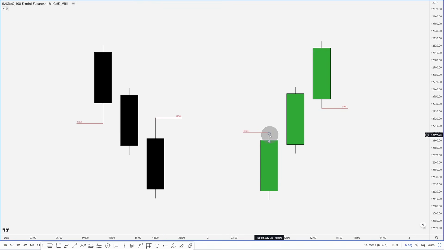Similarly over here, if we were to extend this high up and this low down, you can see that there is overlap between the first candle's high and the third candle's low, meaning there is no fair value gap here. So just to clarify, a gap between the first candle's low and the third candle's high, or the first candle's high and the third candle's low, is what creates a fair value gap.